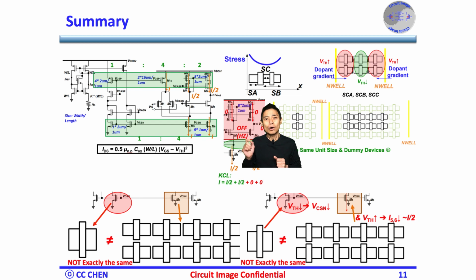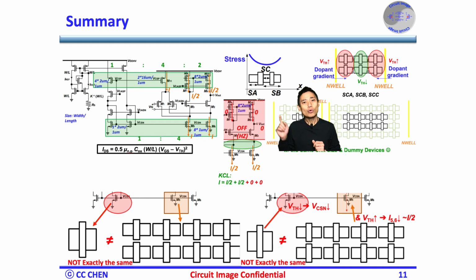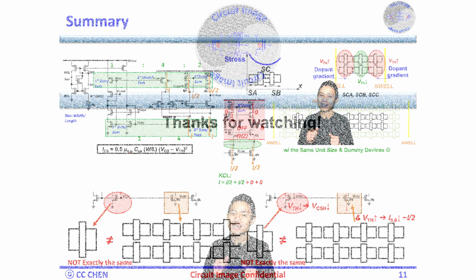Therefore, the OTA output will stay low due to the zero current at the output branch on the top. To resolve the matching issue, we must apply exactly the same unit size transistor in length and width. Furthermore, necessary dummy devices are a must to add around those critical mirroring devices.